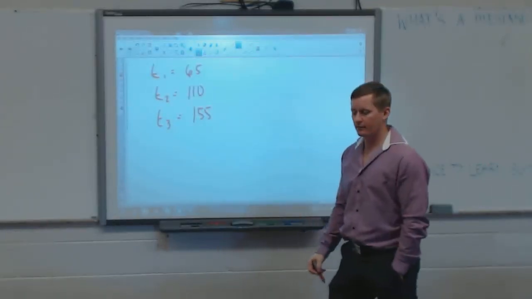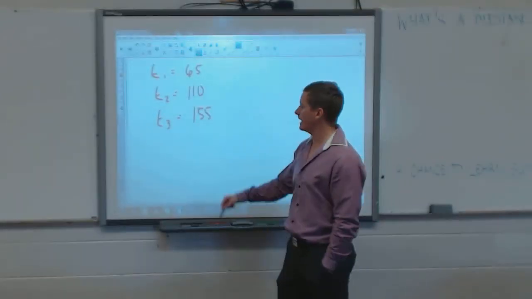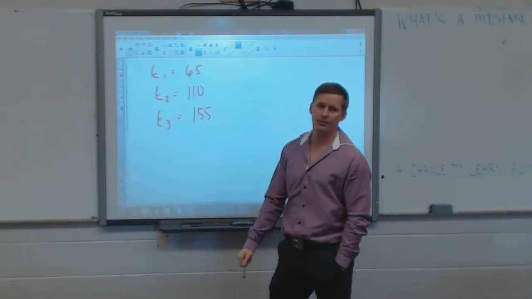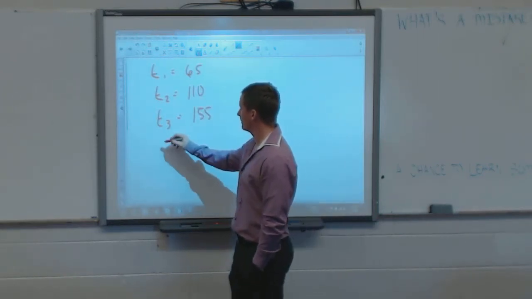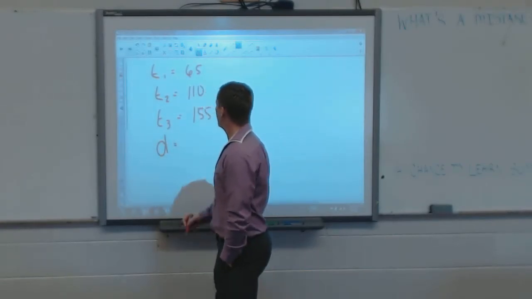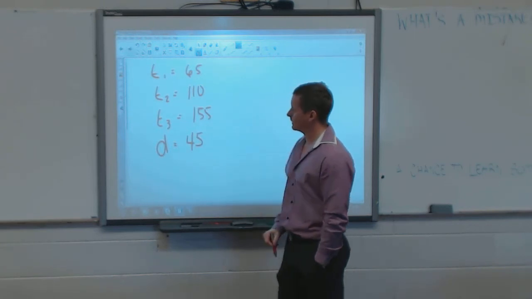Like I said previously, how do I find out what the common difference is? I take one of the terms and subtract the previous term from it. So if I take T3 and I subtract T2, 155 subtract 110, my D value is 45.